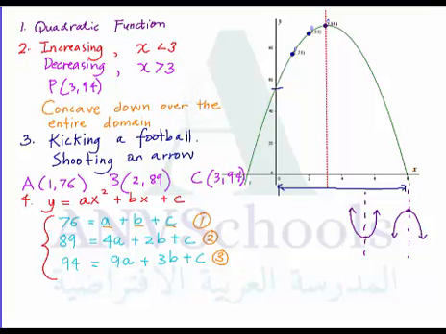Therefore, we have the values for A, B, and C, which are equal to negative 4, 25, and 55.